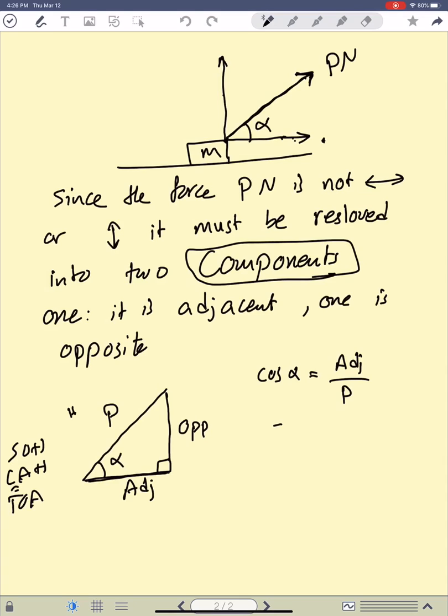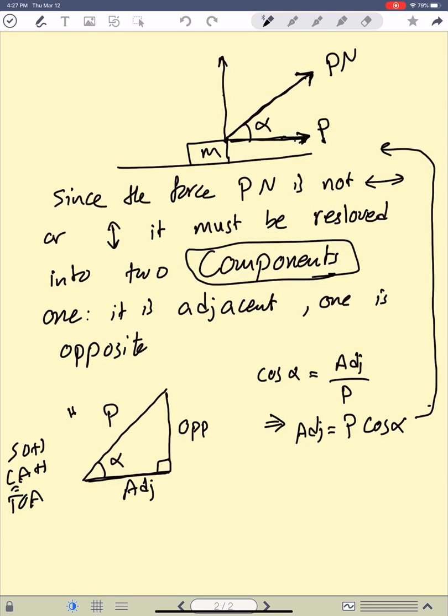So the adjacent component will be P cosine alpha. So in the diagram, the force P in this direction is the adjacent component, which is P cosine alpha.